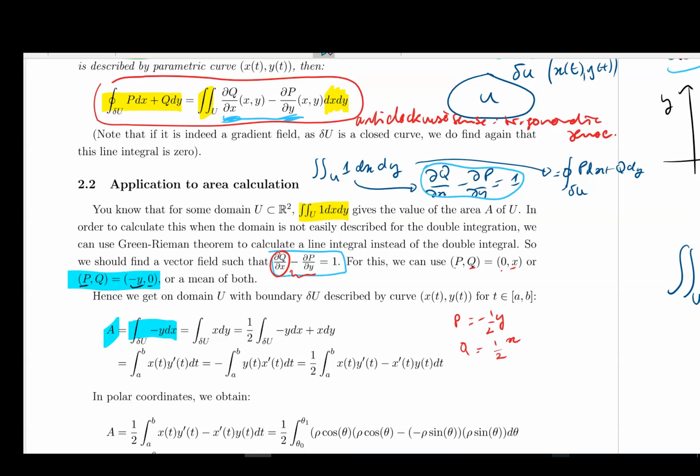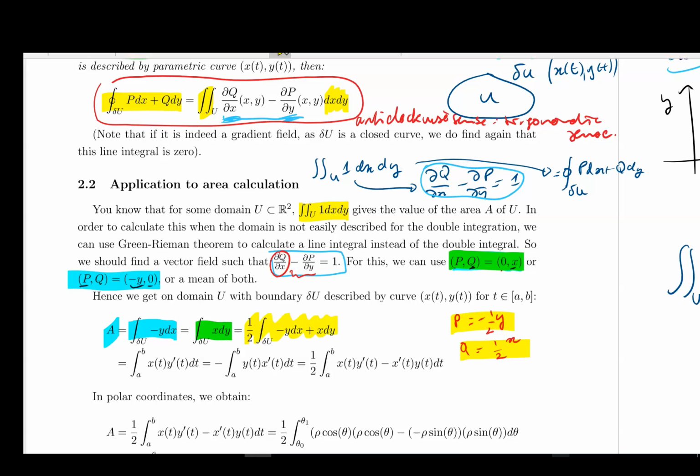Okay, so the Q part is just 0. In case you choose P is 0 and Q equal to x, you get this line integral. And if ever you choose, as we said, an average of those first two choices, this is what you obtain.